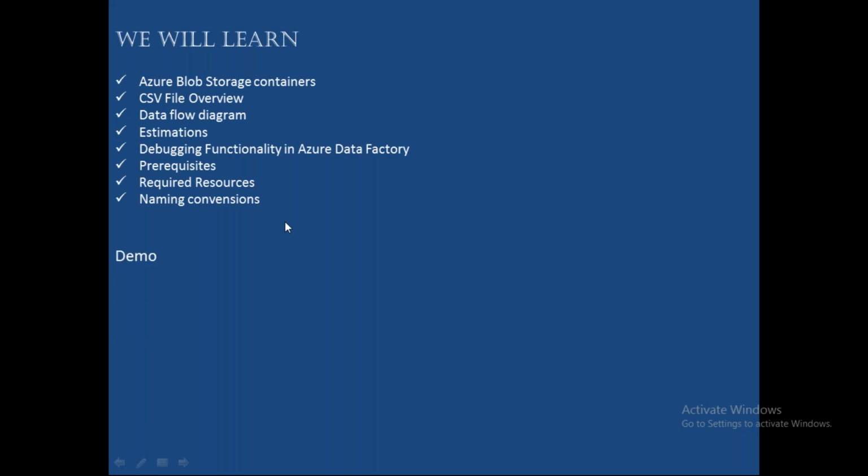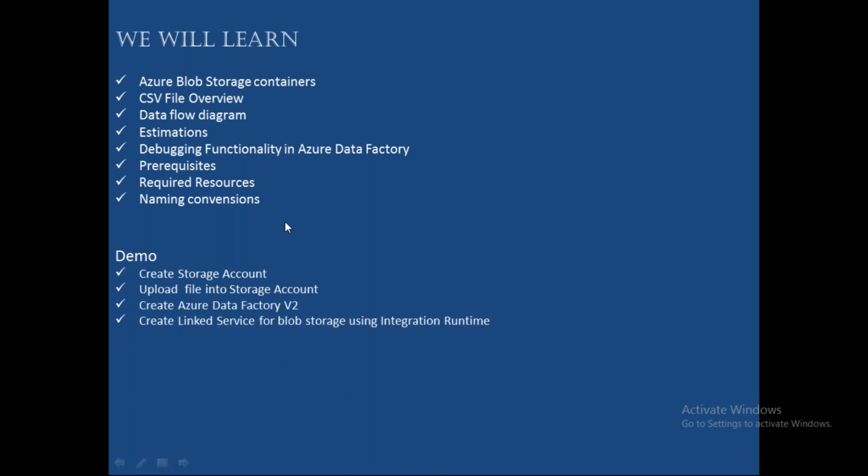Next, with respect to the demo, we will see how to create a storage account and upload a file into it. Then we will see how to create Azure Data Factory V2 and create a linked service for blob storage using integration runtime. Try to understand what a linked service is. A linked service is basically for the blob storage. We will understand how to connect to the blob storage using integration runtime.